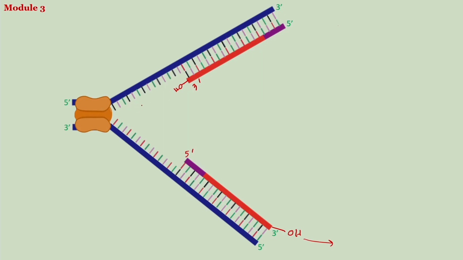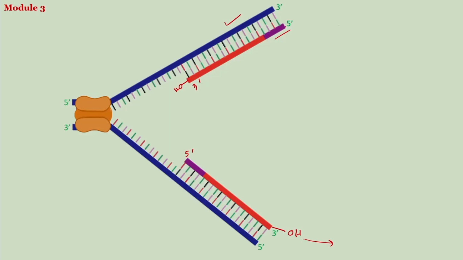So, for this strand, the synthesis of the complementary DNA would be a continuous process. It will not stop anywhere. Starting with the single RNA primer, it will move on until the end of the gene.